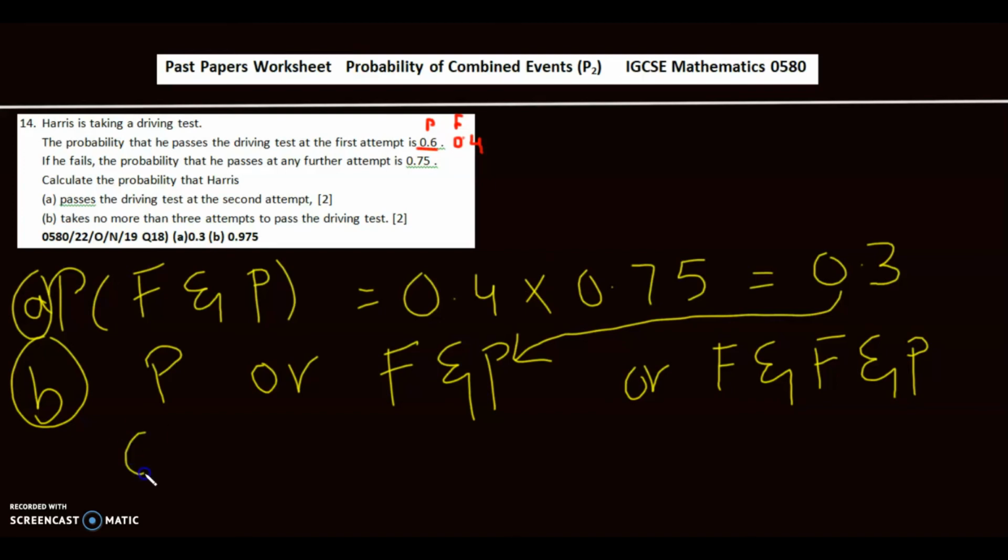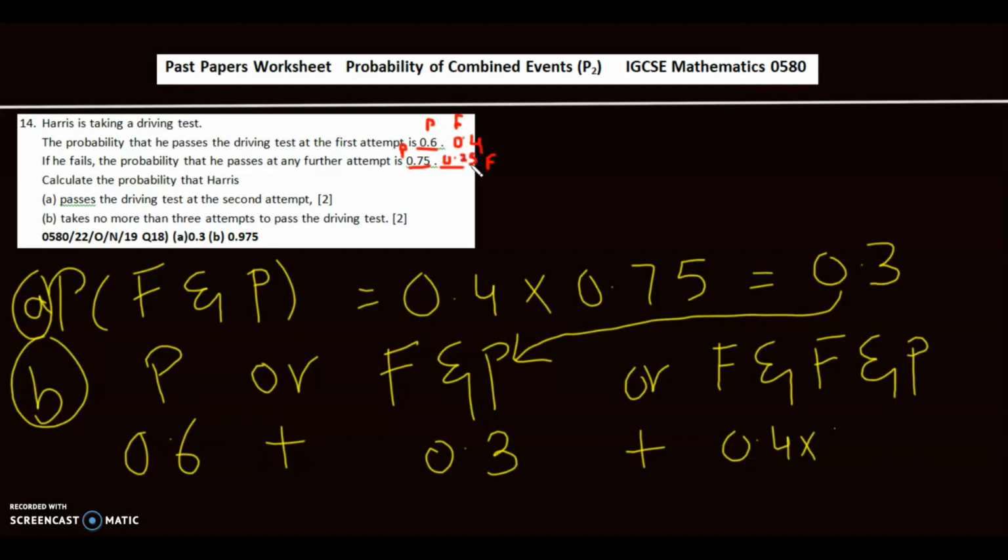So the first probability is 0.6, or means plus. Probability of failing and then passing is already 0.3 from the last part, and then failing probability is 0.4. Again, if he fails, the probability that he passes in any further attempt is 0.75. So if it's the second attempt or the third attempt or the 50th attempt, the probability of passing is 0.75, then probability of failing would be 0.25, 1 minus 0.75.